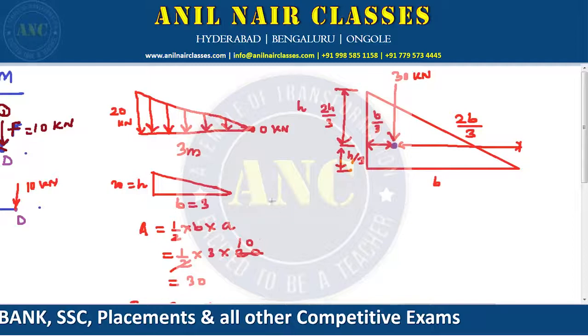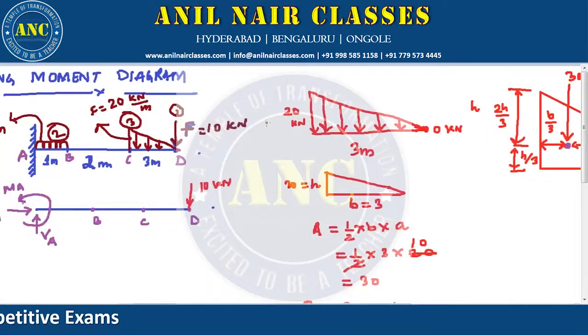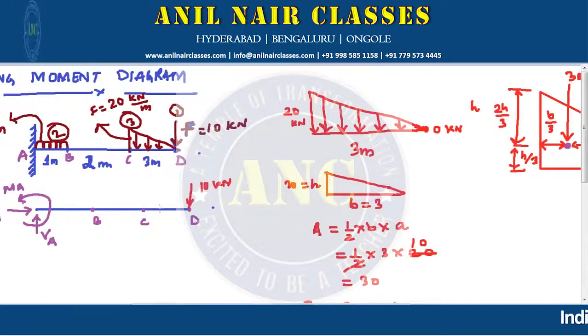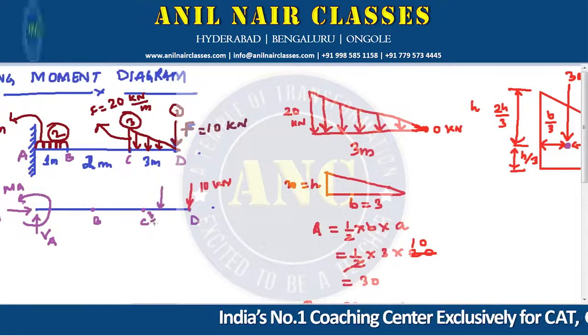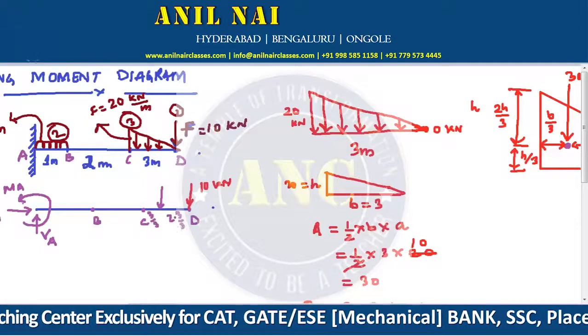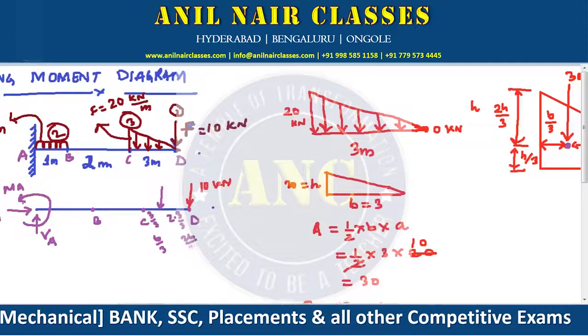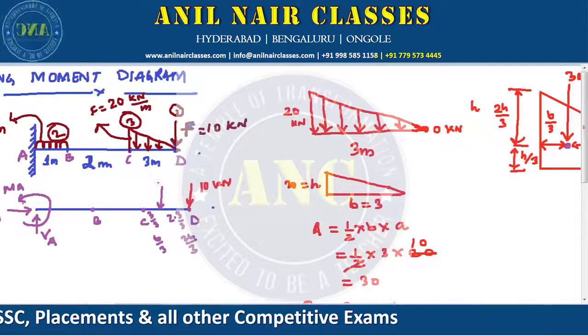So in this case, you see B by 3. So what is the base here? So this is C at a distance of B by 3, that is 3 by 3, and this is 2B by 3, correct? This is B by 3, this is 2B by 3. So this load, how much load?